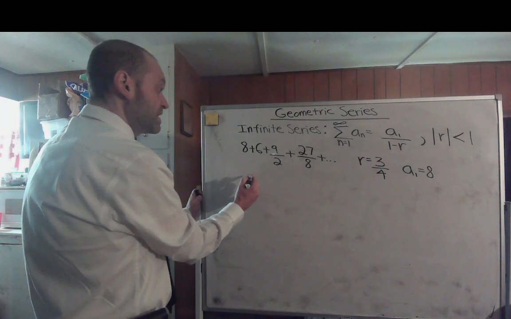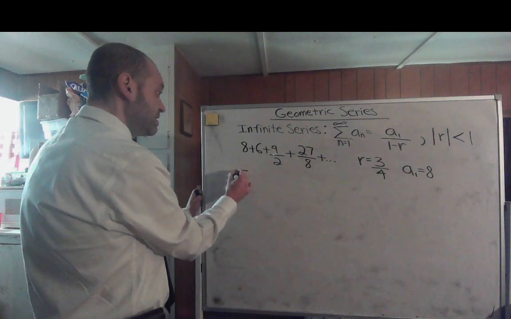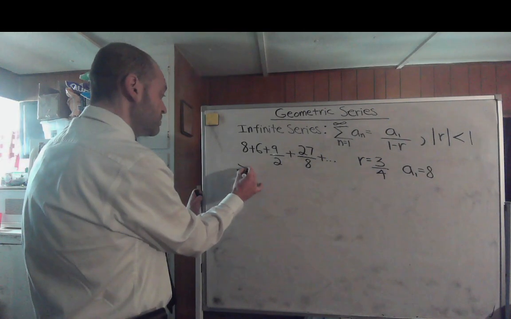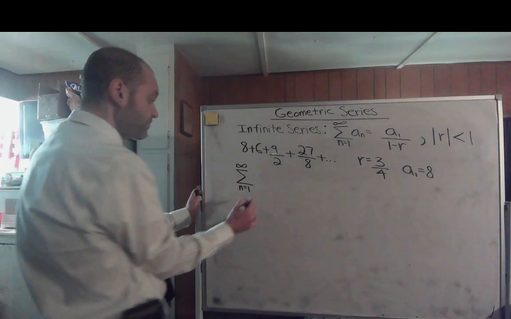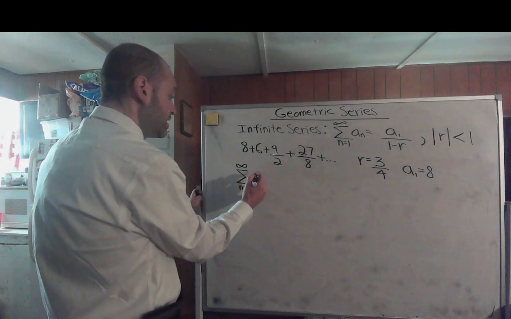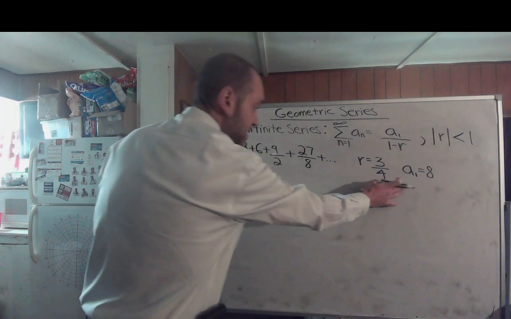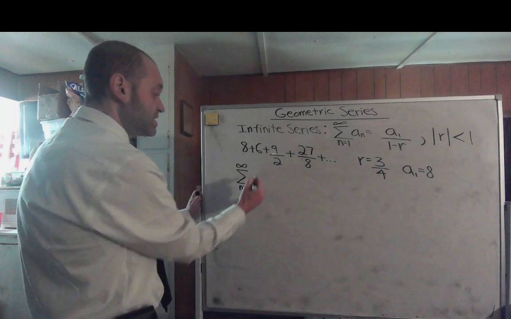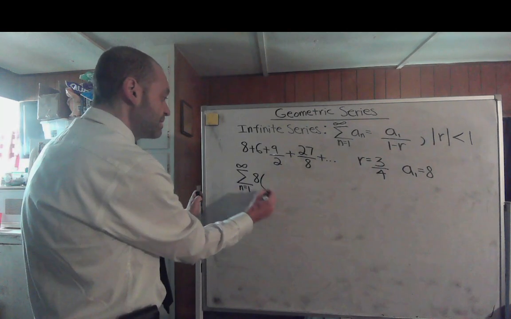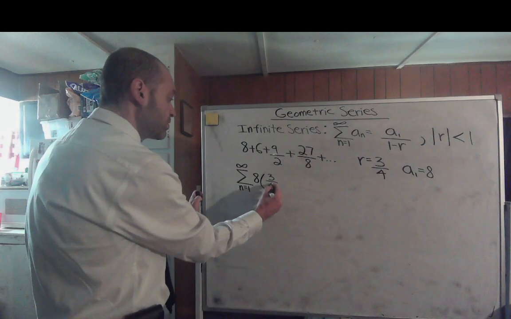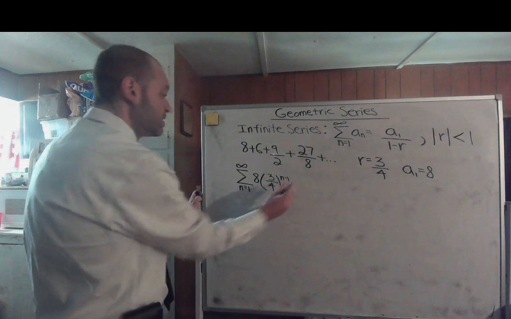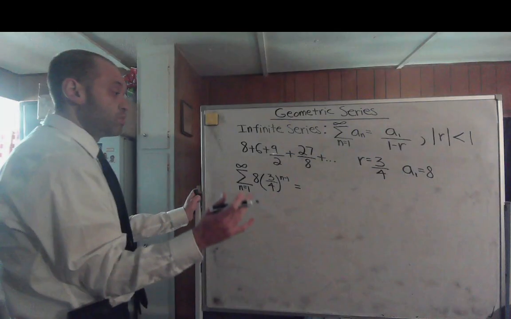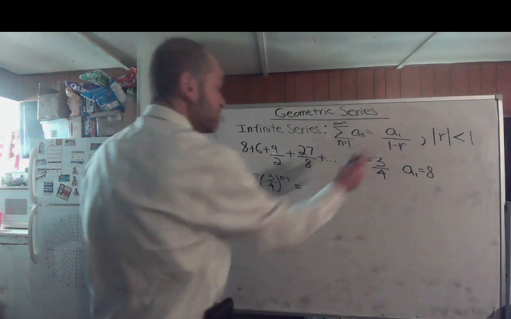So in this case, the sum of this particular series from n equals 1 to infinity, now we can put this into a sequence just for good measure. That's going to equal our first term of 8 times our common ratio of 3/4 to the n minus 1.